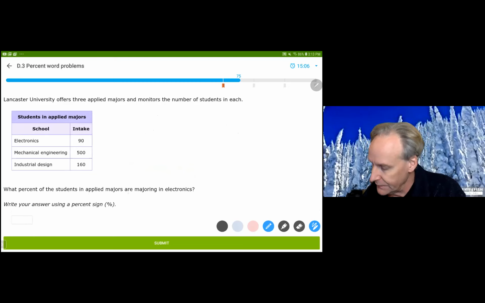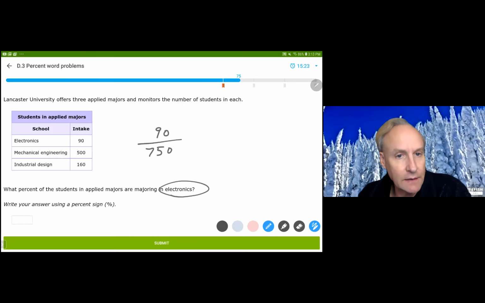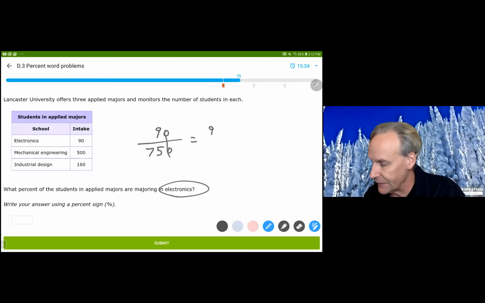What percentage of students are in applied majors? Altogether, we've got 750, huh? That's the total number. And it says what percentage are majoring in electronics. So we're talking about 90 out of 750, and we're supposed to find it as a percent. That's 9 over 75.